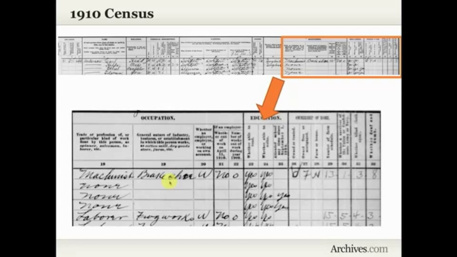Perhaps, working in a factory making brake shoes, or this is the type of machine that he works on. Whether they were an employer, an employee, or working on their own account. Was this person out of work on the official census date, which was April 15th, 1910? And how many weeks has this person been out of work during 1909?